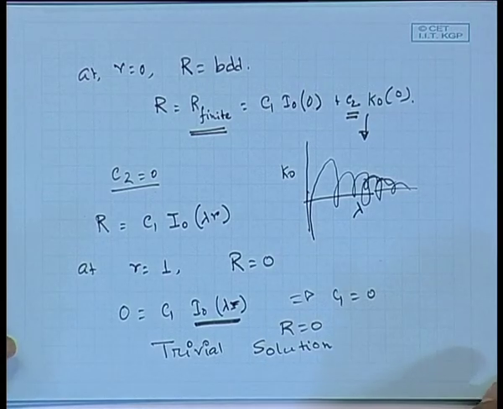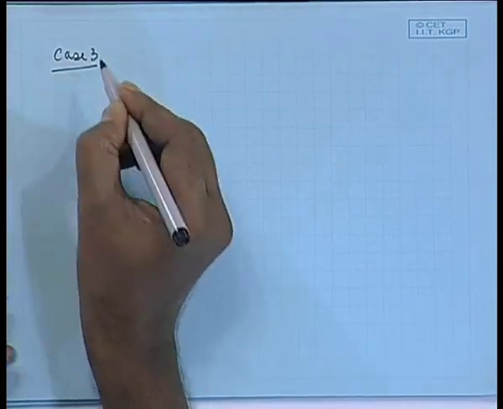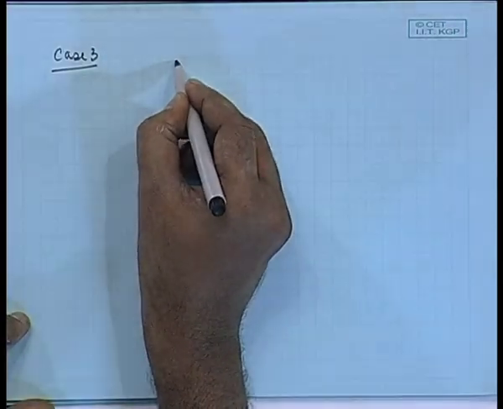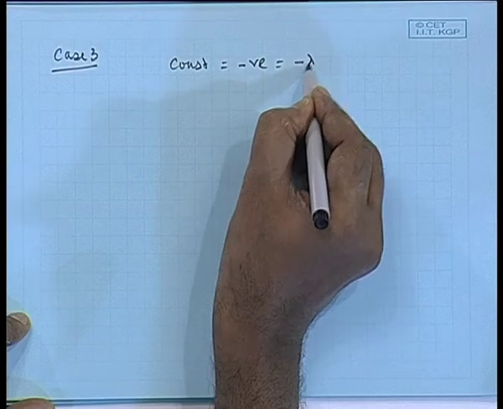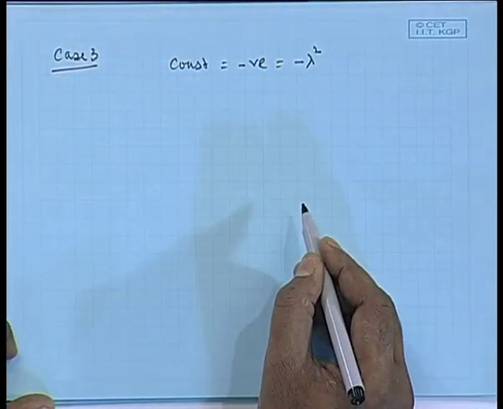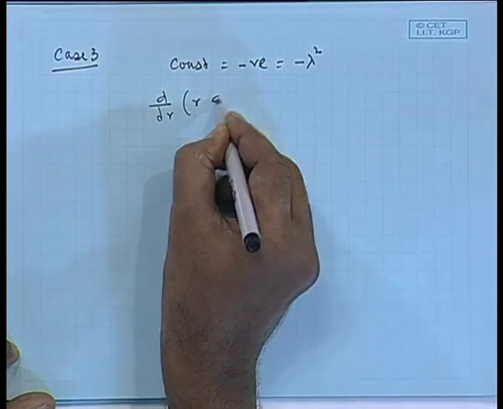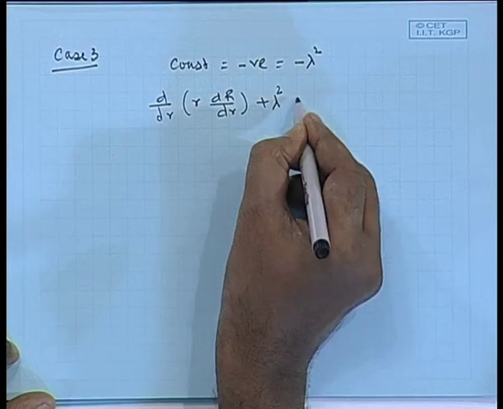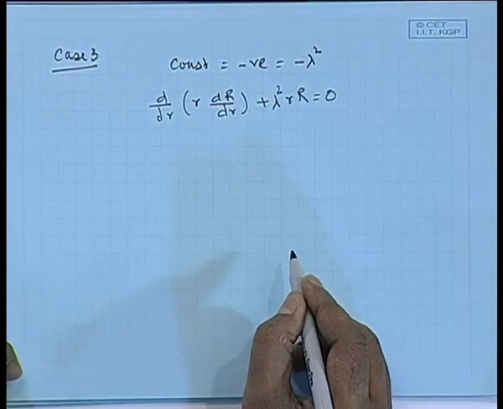Now, let us look into the third case. Case number 3, that will be this constant is negative. Let us say minus lambda square. Okay. In that case, d/dr of dR/dr plus lambda square R is equal to 0, that is the governing equation of the r varying part.